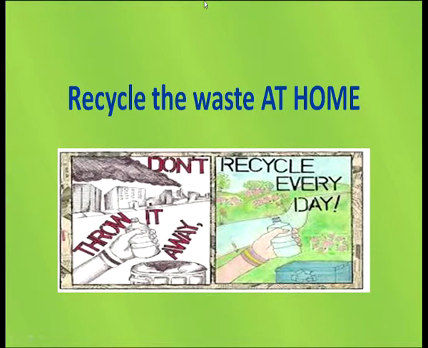Recycling at home. We can collect waste from the kitchen, which is wet waste, and put it in a pot, cover the pot with leaves as such, and it will develop into a compost which can be used as garden or plant pots as manure.